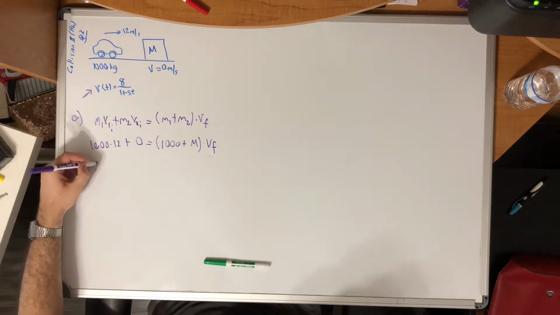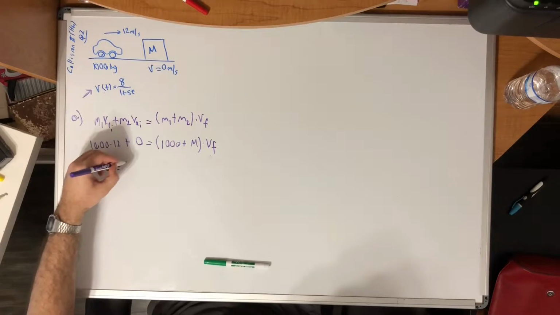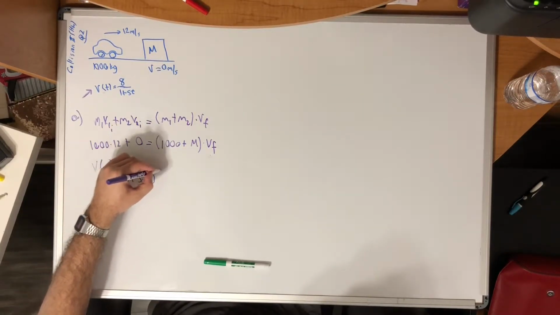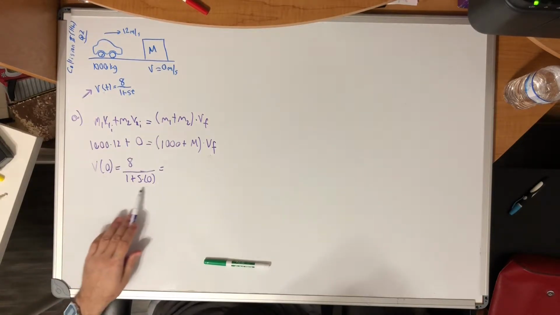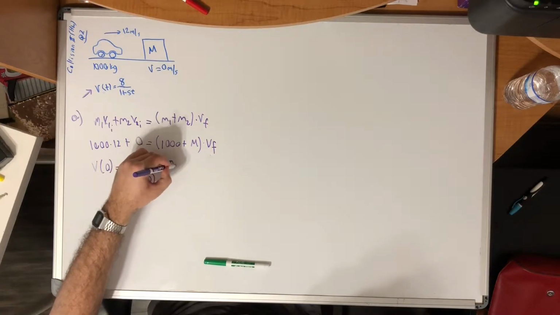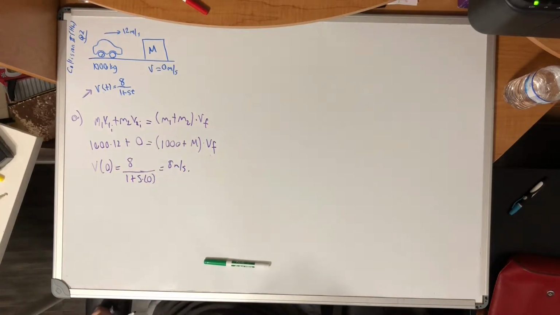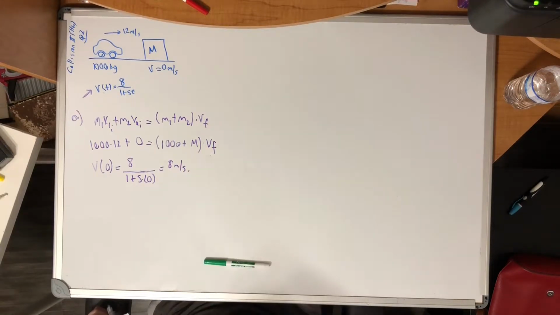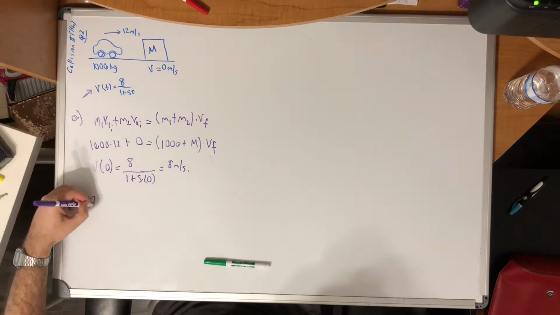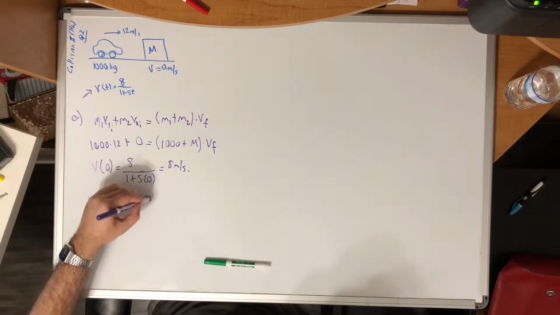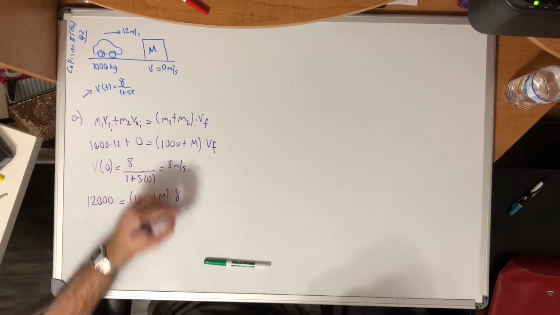So let's do this. V at 0 is 8 divided by 1 plus 5 times 0. So 1 plus 0 is 1, and 8 divided by 1 is going to be 8 meters per second. Now all we need to do is plug this 8 in for v final, and then we can solve for the mass. On the left side we have 12,000, and on the right side we have 1,000 plus m times 8.